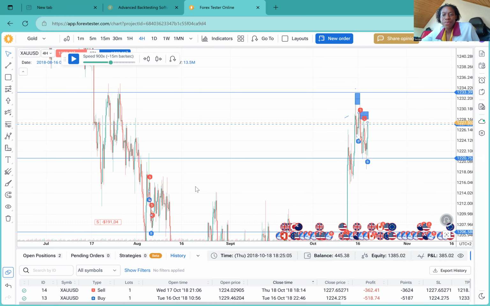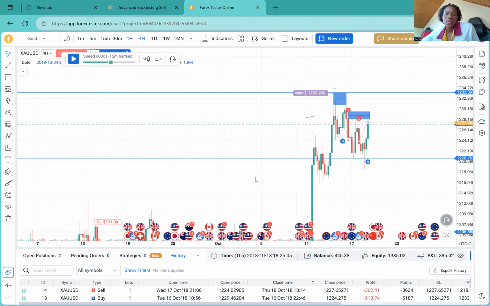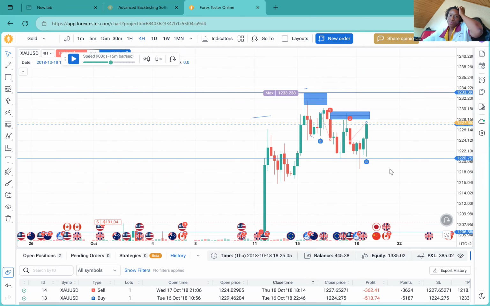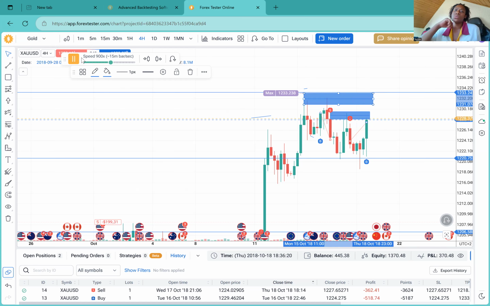Then we started getting high highs and high lows. So let's see what price does. I'll be quite comfortable to buy when price goes above these highs. So let's see what price wants to do.